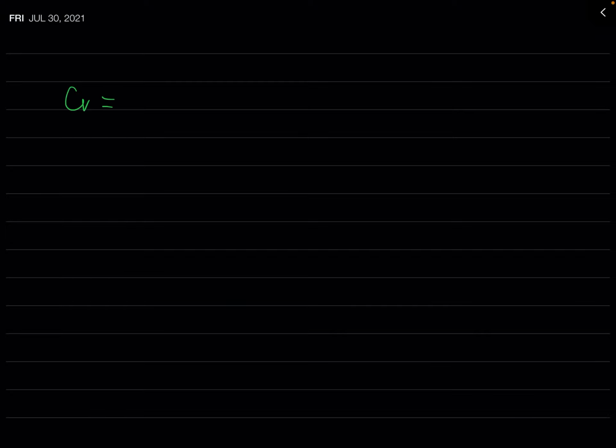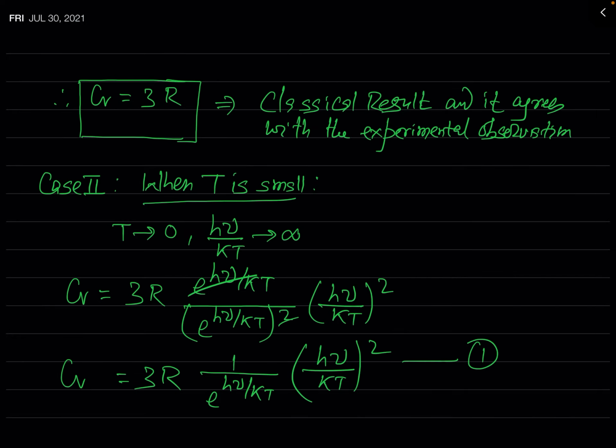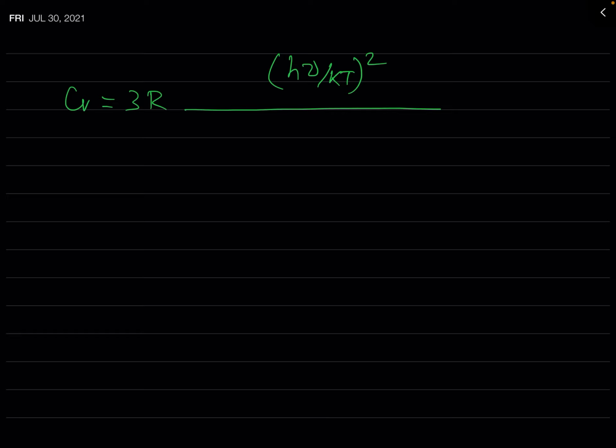So Cv is equal to 3R times (hν/kT) whole square, and 1 over e to the power hν/kT.